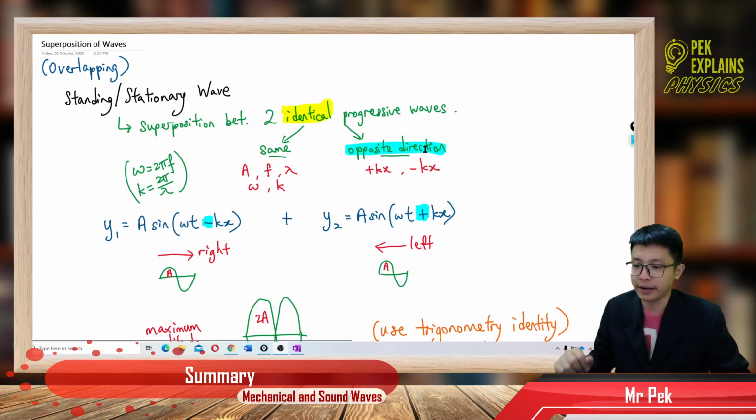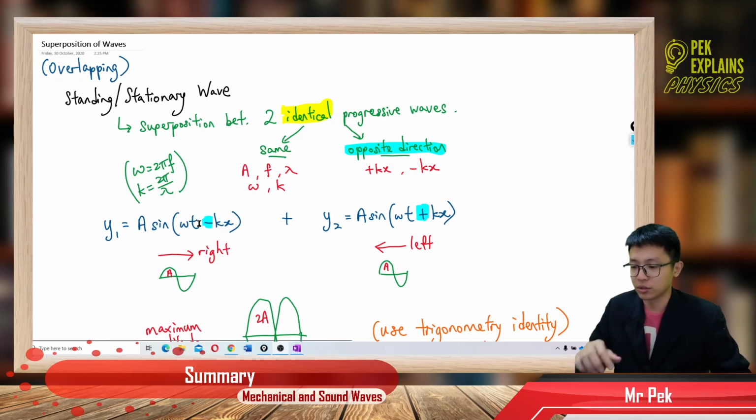When you have opposite direction, the equation will be, one will be positive kx, another one will be negative kx. The wave that is moving to the right, the equation will be negative kx. The wave which is moving to the left, it is positive kx.